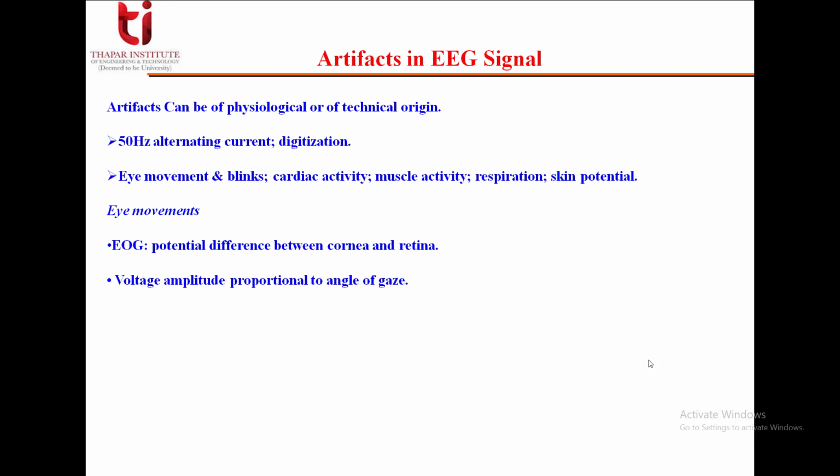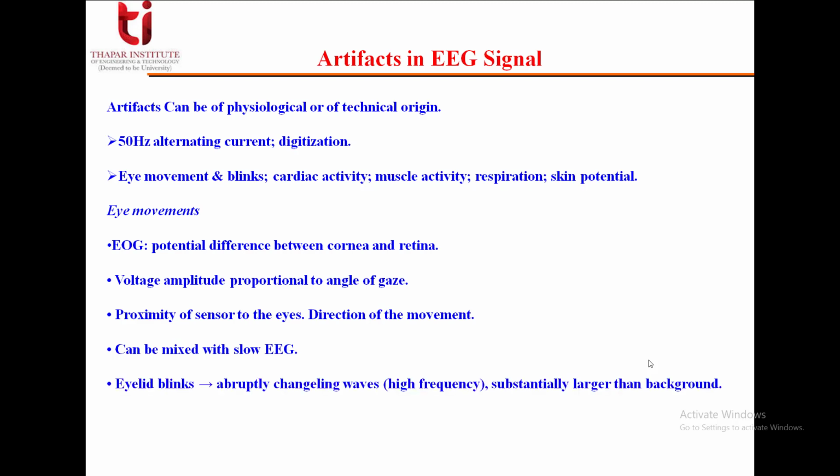The voltage amplitude is proportional to the angle of gaze, the proximity of the sensor to the eyes, and the direction of the movement. They can be mixed with the slow EEG signals. Also, eyelid blinks produce abrupt, high frequency waves, and substantially they are larger than the background.